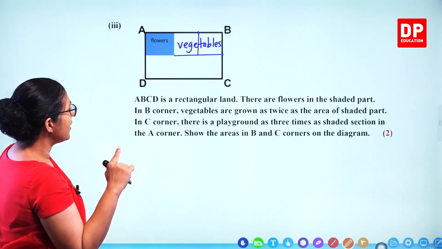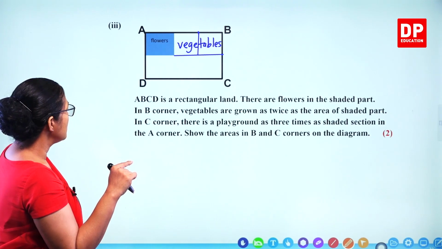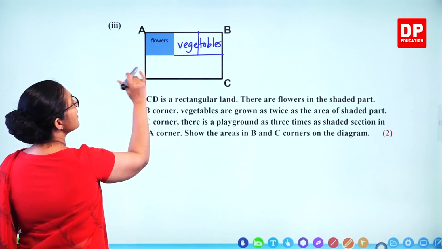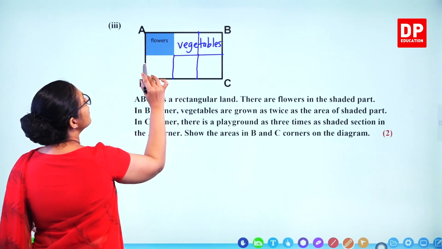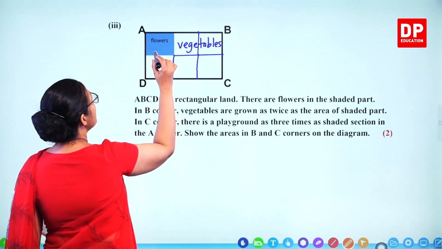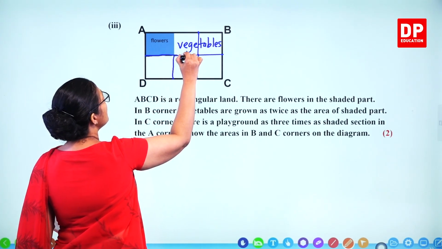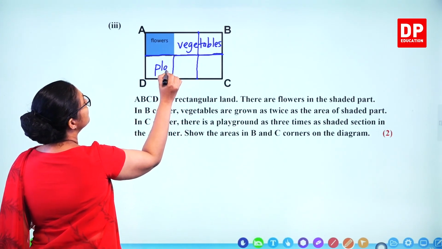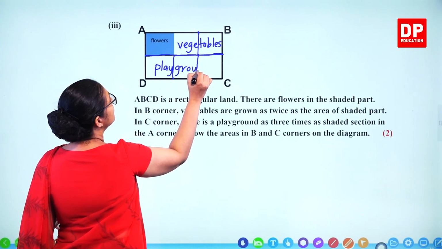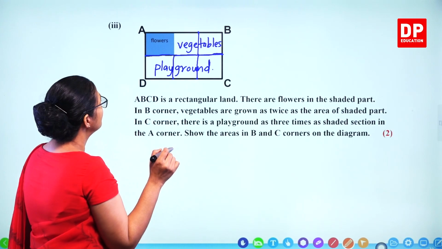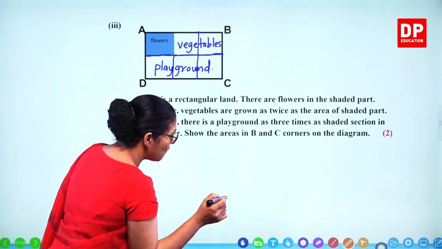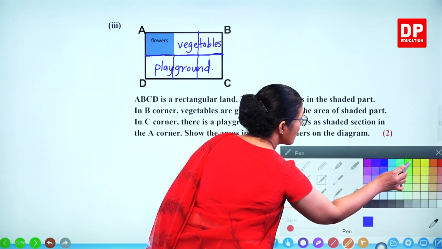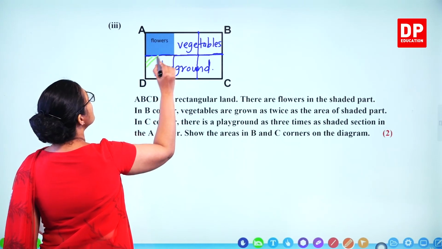Then C corner, there's a playground and 3 times as shaded region. 3 times of this. So this whole thing. So we can divide here. So 3 parts like that. So this whole thing is the playground. I'll write here playground. So if we shade this ground, I'll put green color.